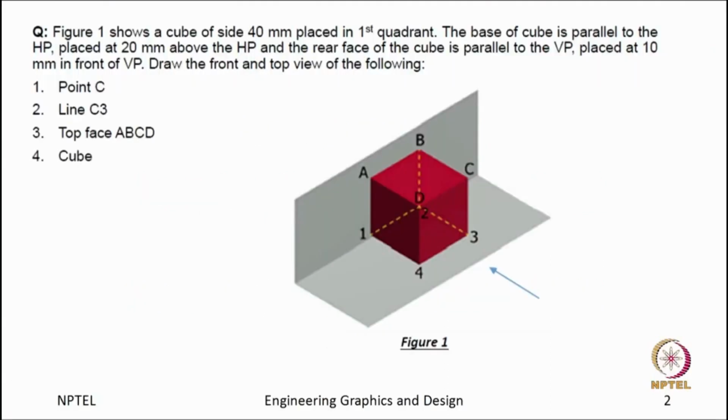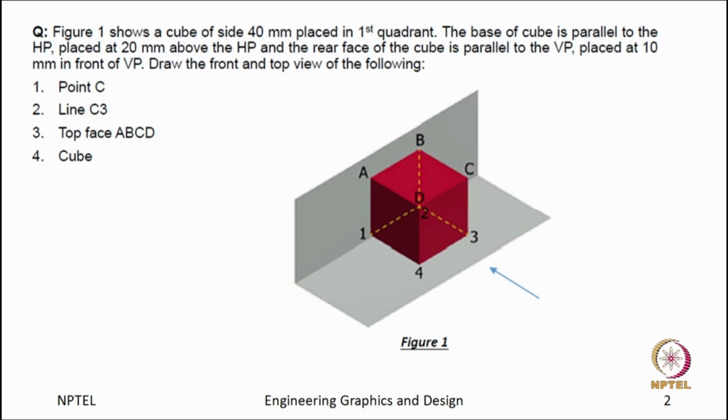We will see there are two problems in this class. The first problem is a simple cube placed in first quadrant, while the base of cube is parallel to horizontal plane. So, what we have to do here? We have to just capture the point, line, face and the whole cube in front and top view.